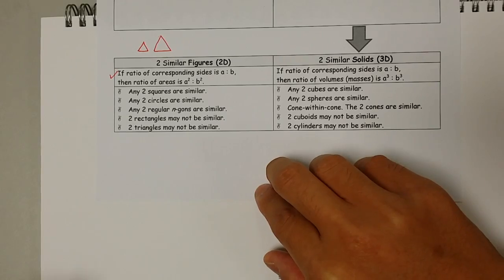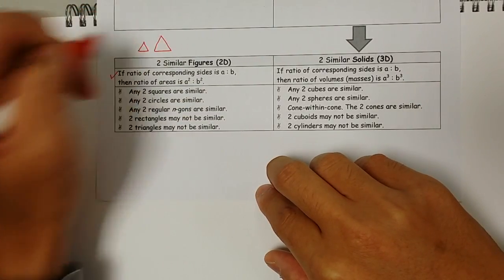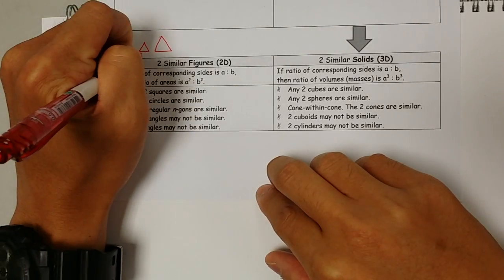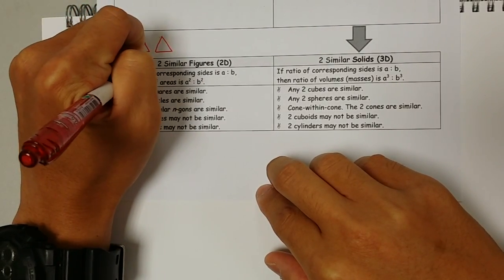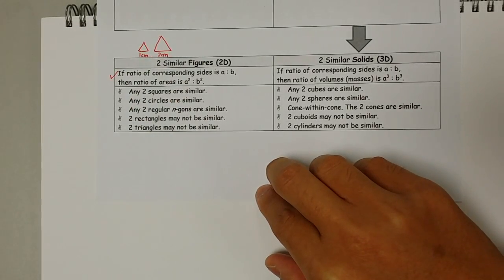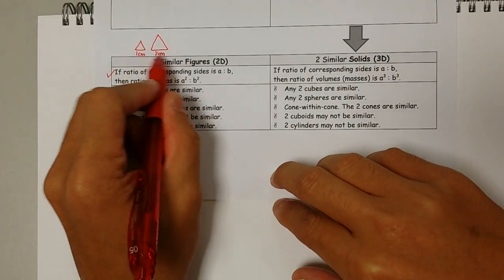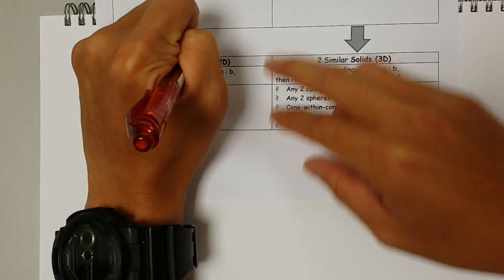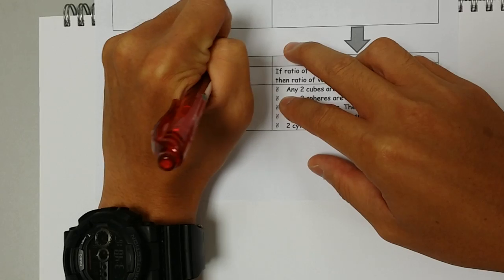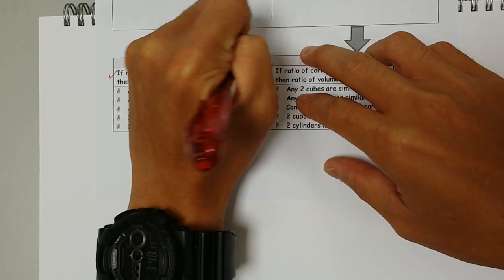So for example, in this pair of similar triangles, the base here is 1 cm and the base here is 2 cm. We see that the ratio of the sides, or in this case the bases, is equal to 1:2, right?